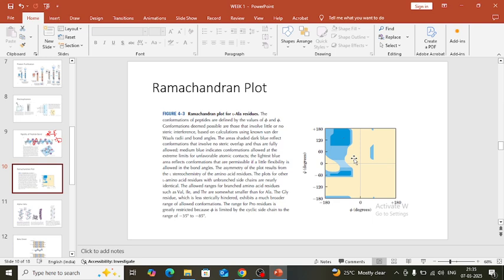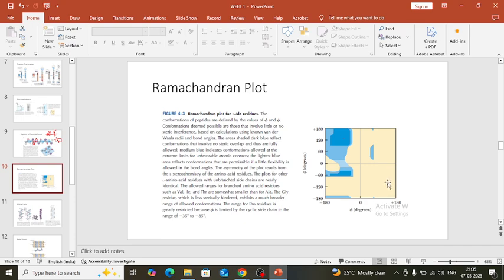So this space is 360 degrees, right? In this 360 degree range, it can take any conformation, but not all conformations are allowed. For example, suppose phi is 120 and psi is minus 90.